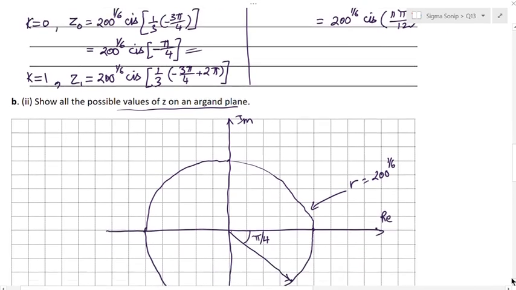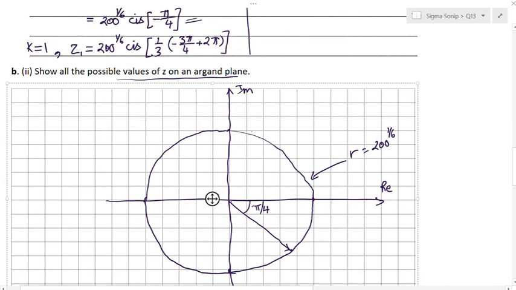So that angle is basically 75 degrees, so it will be somewhere here, and that angle is 5 pi over 12.